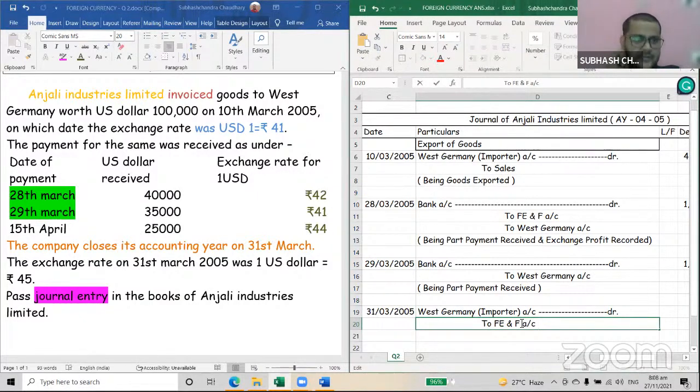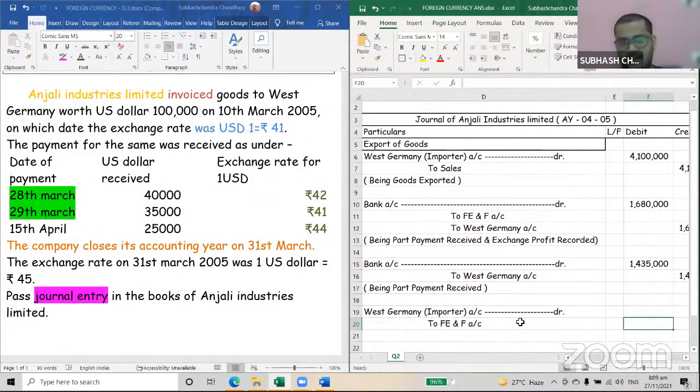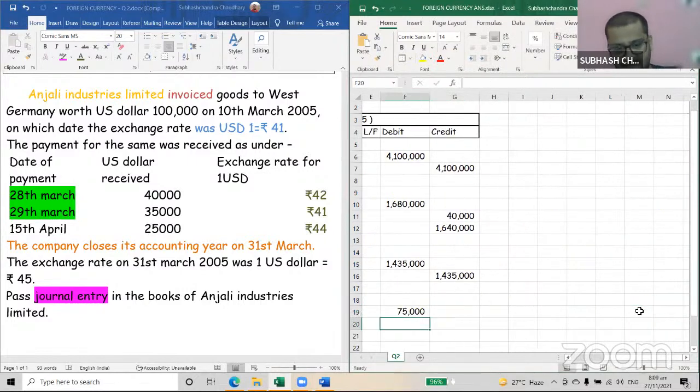The value of the debtor is going to increase accordingly. How much? 3 rupees into 25,000, so 75,000. By 75,000 we will increase the debtor. Understood this much?